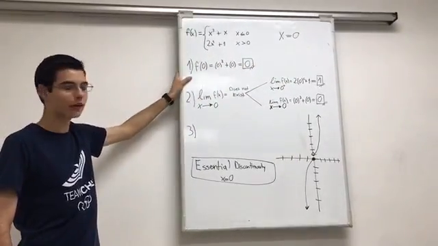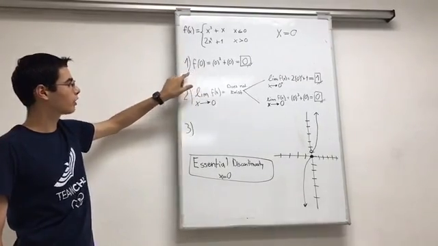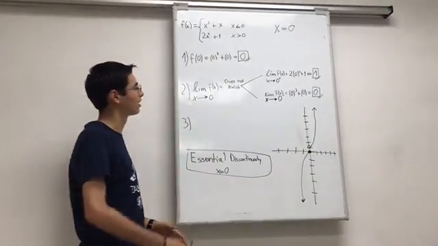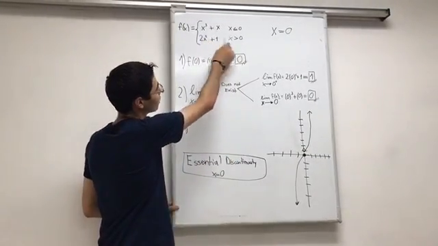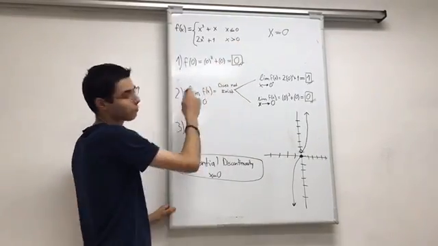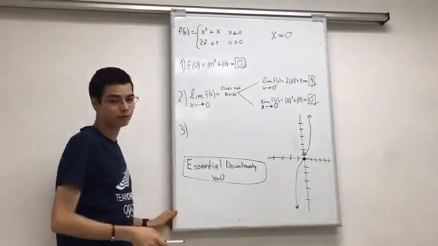First, we have to state f of 0, and we look at the functions to see where that is acceptable. As we can see, it's in the first function because x is less than or equal to 0. So we replace the x's with 0 and we get 0.